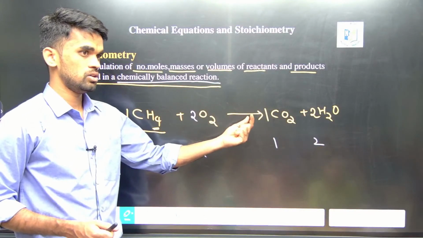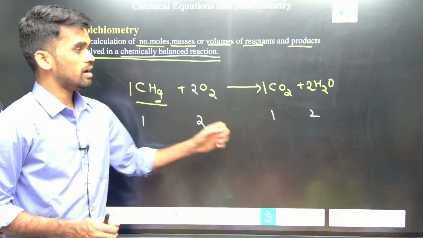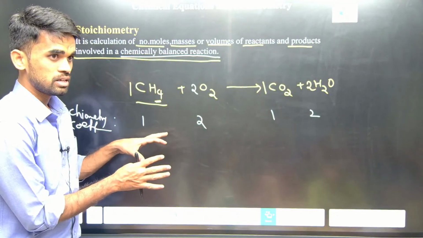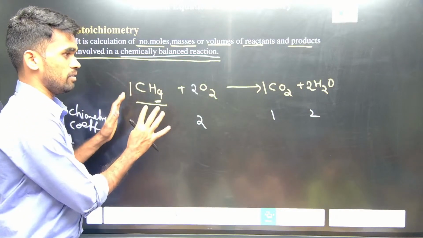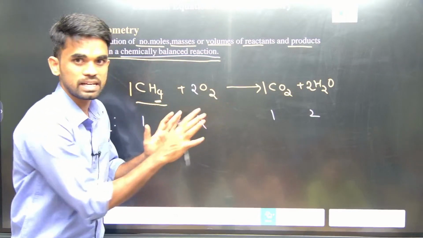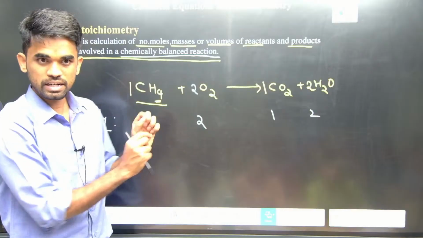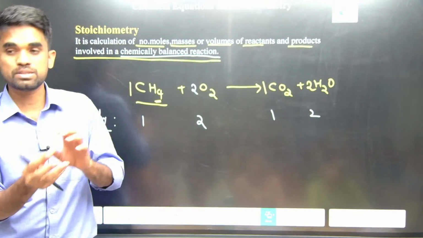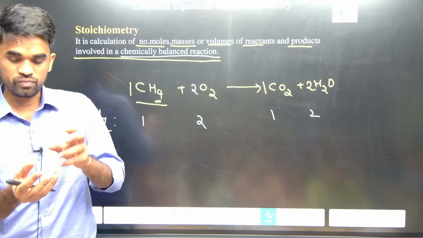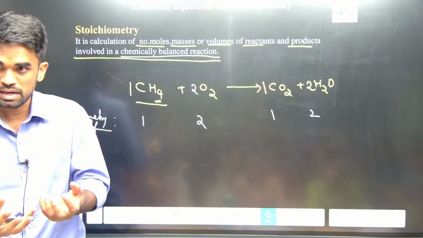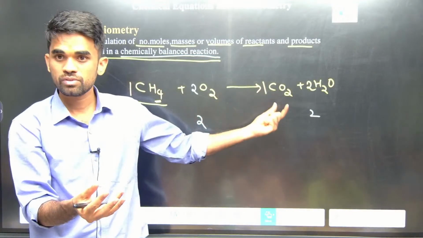Generally, writing something means it's a theoretical thing, we are writing it theoretically. But when you do an experiment, we can think that during the experiment also this might be followed.